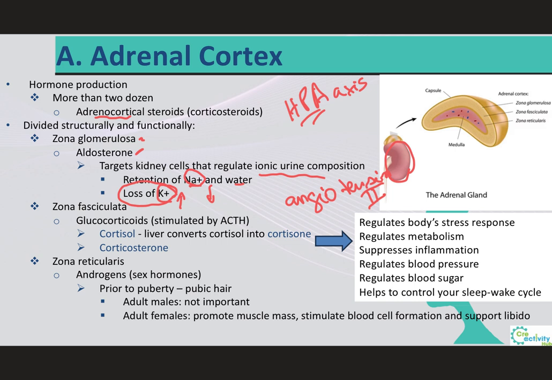And what is another hormone that you think might have the release triggered in the presence of angiotensin II? I will give you a hint because it is another hormone that is released by the posterior pituitary gland and that will exert the same function as these two that are released by the adrenal cortex.